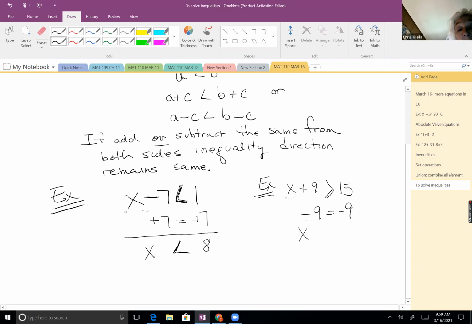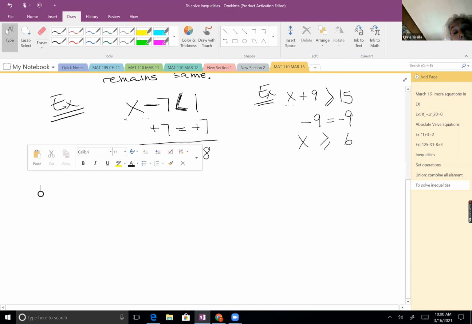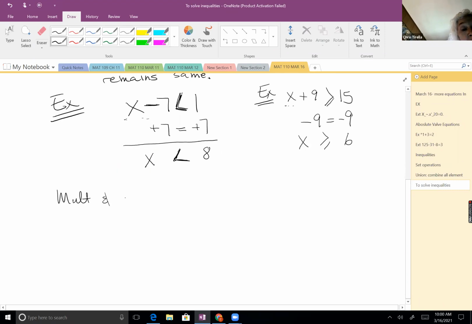Because I'm subtracting the same value from both sides, my inequality remains the same. So if I'm adding the same quantity to both sides of an inequality, it works very much like an equation. Where it gets different is if I look at the multiplication and division properties of inequality.